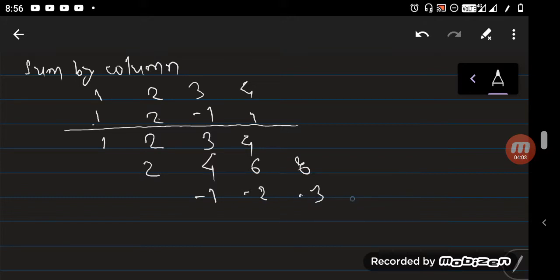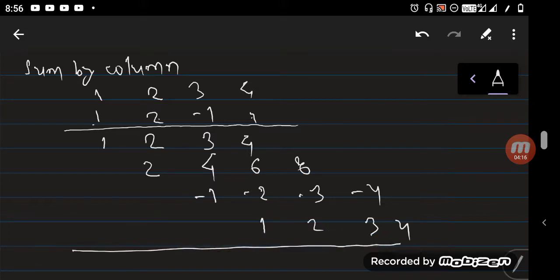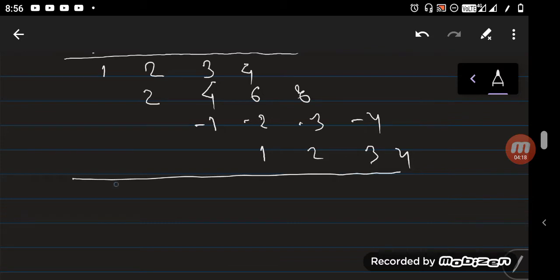Now multiply 1 with all elements of x1, but this time again slide by one element: 1 2 3 4. Now you add it. 1, 2 plus 2 is 4, 3 plus 4 is 7, minus 1 is 6, 9, 7, minus 1, 4.